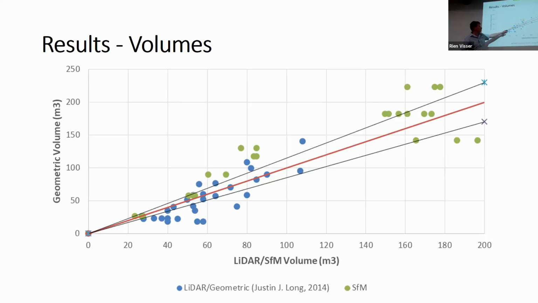These black lines are included at plus or minus 15% from the true volume. That threshold was identified through conversation with industry, who said a volume that's within 15% of the true is useful to us. So you can see that they do fall outside, but again, I've attributed that to the geometric, not the Structure from Motion.